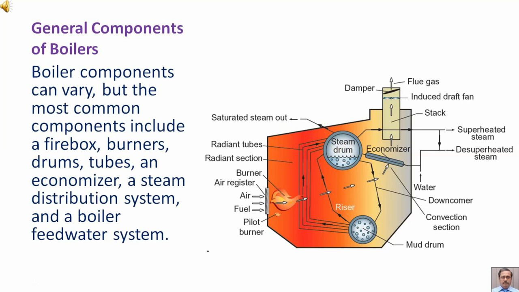Boiler components can vary, but the most common components include a firebox, burners, drums, tubes, an economizer, a steam distribution system, and a boiler feed water system.